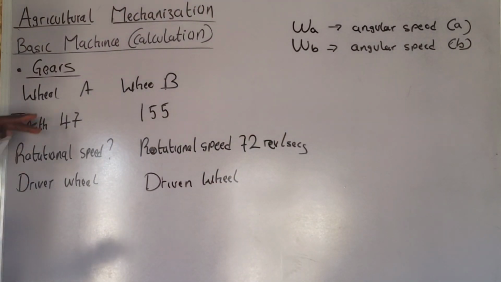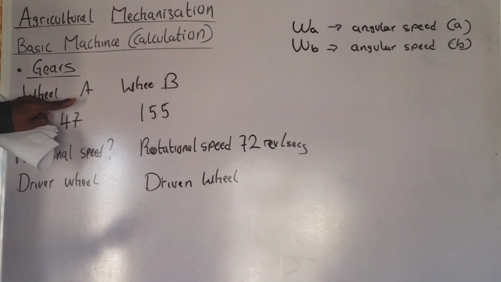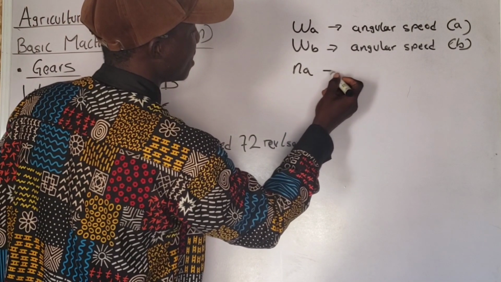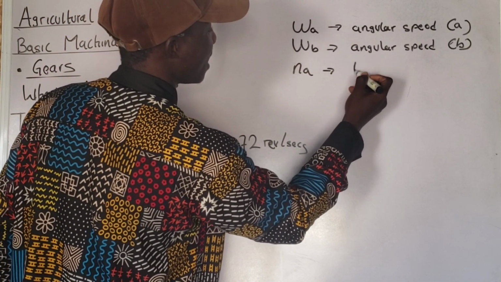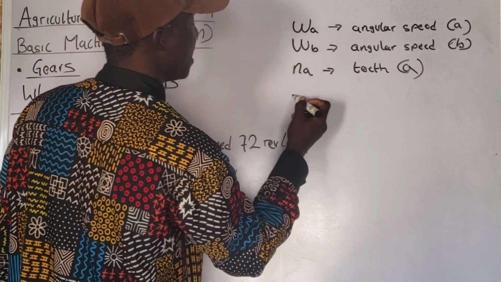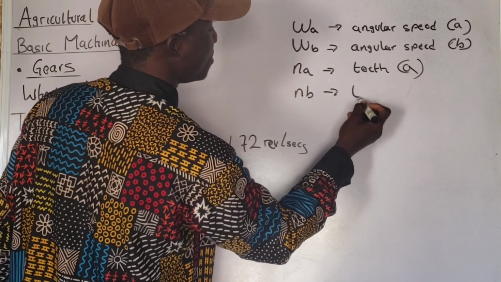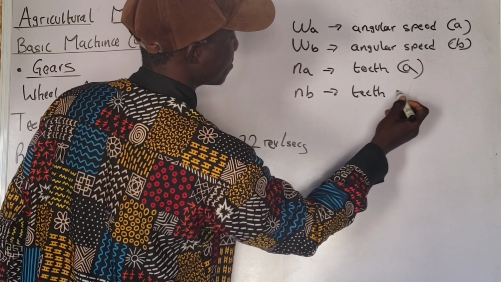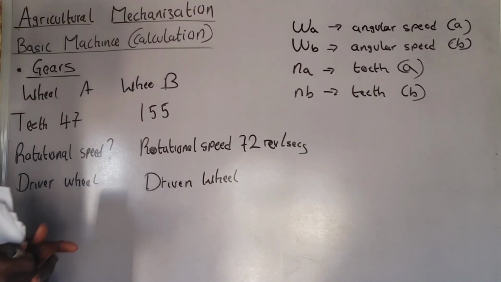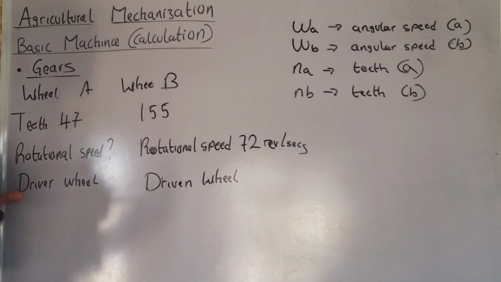Now we are told that the number of teeth of gear A is 47. So let me call it NA, the number of teeth of A, then NB for the teeth of B. Please, just pay attention. You're going to understand. The goal here is to determine the angular speed of wheel A.